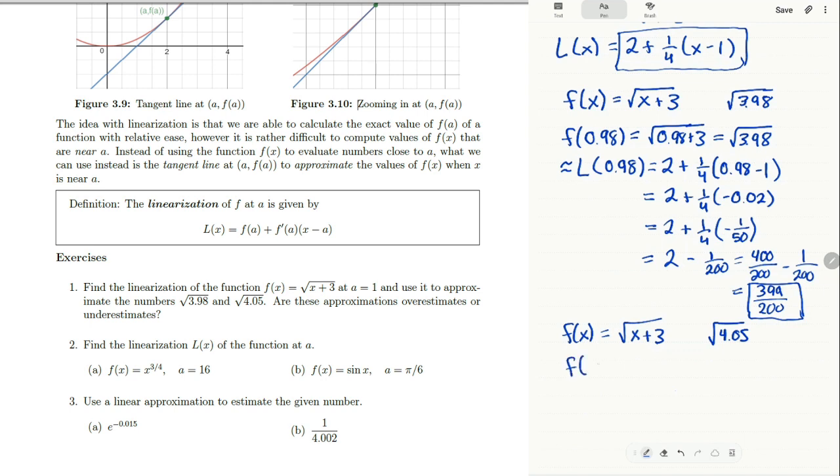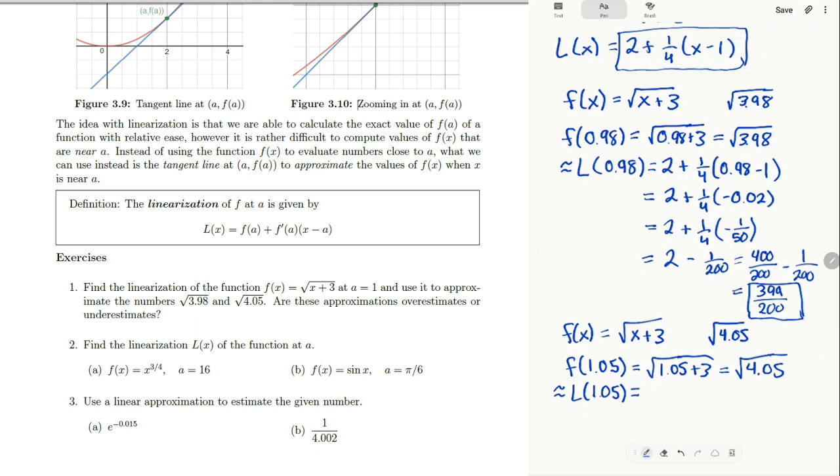Well, if I substitute 1.05 into the function, then I get the square root of 1.05 plus 3. And that will give me root of 4.05. And so that tells me that we can use the x-coordinate of 1.05, and we can approximate this value by using the linearization instead.